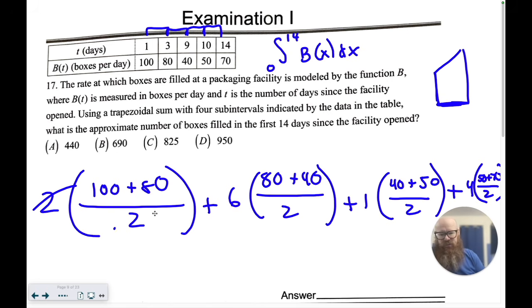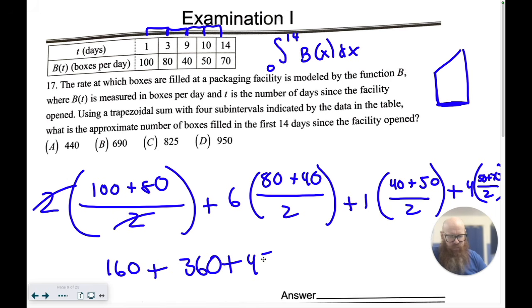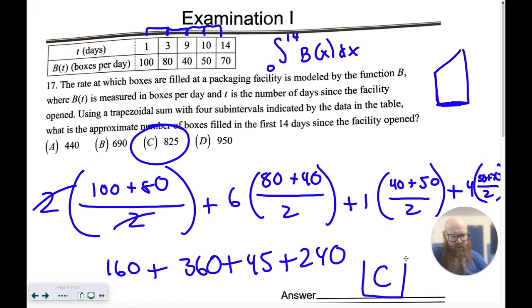So the 2's cancel, so I get 160. This becomes 3 times 120, so I get 360. Here I get 90 over 2, which is 45. And this one, 4 times 120 divided by 2 is 240. I did that really quickly. And then when I add those up, you end up getting C, 825.